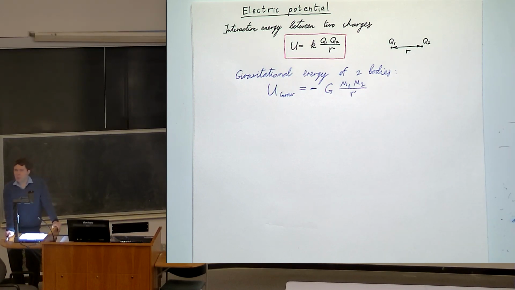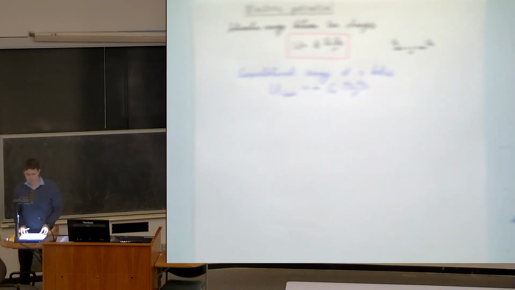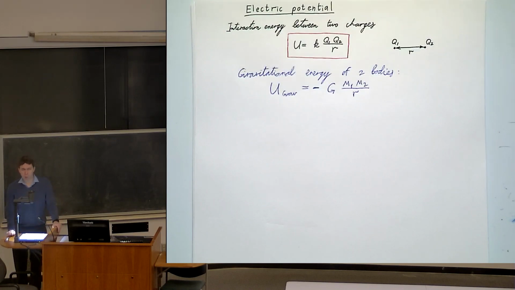The only essential difference between gravity and electric fields is that gravitational forces are always attractive, and that makes the gravitational energy of two interacting bodies always negative. The closer two bodies are, the smaller is their energy. That's a consequence of an attractive force. So they behave as two charges that attract each other.